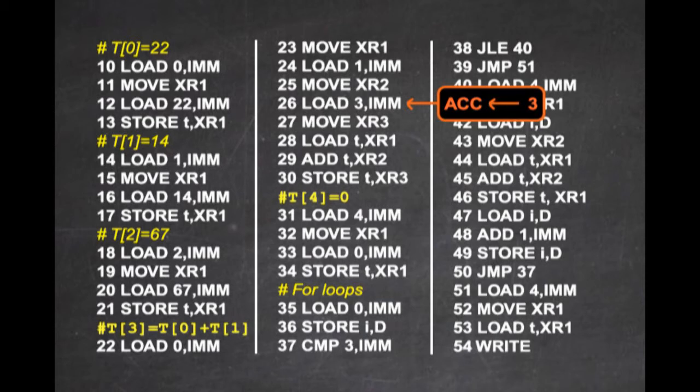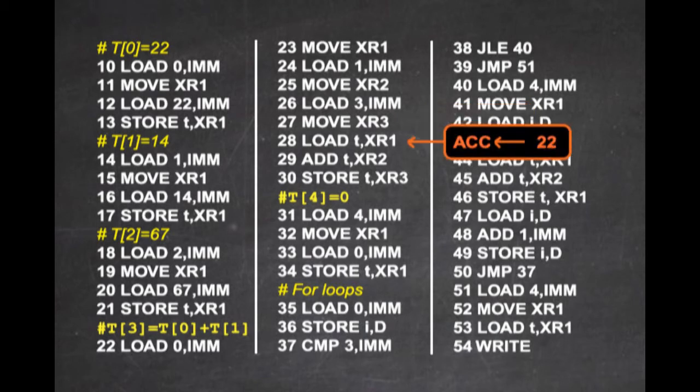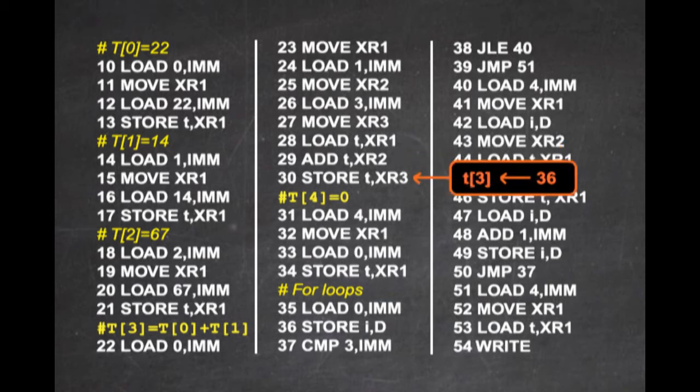Accumulator is loaded by 3. Index register index 3 is loaded by 3. Accumulator is loaded by 22. Accumulator is loaded by 36. Array item with index equals 3 is loaded by 36.